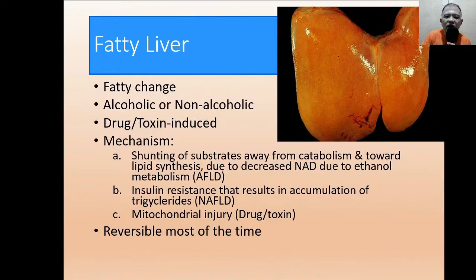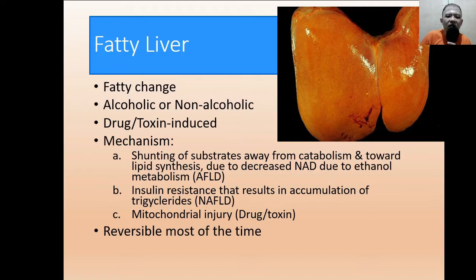So a fatty change can be either alcoholic or non-alcoholic. The mechanisms are displayed there. When it's alcoholic, it's secondary to a decrease in NAD, because the process is focused towards the metabolism of ethanol, so there is depletion of NAD.